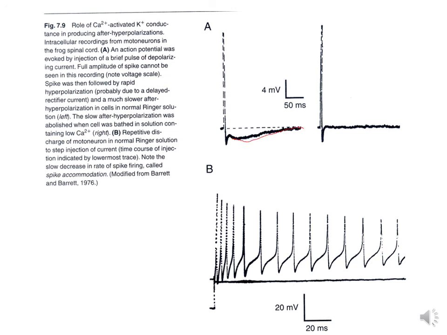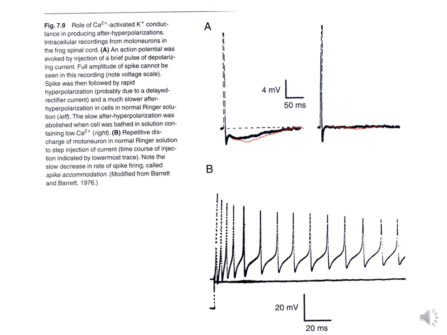Now, if the calcium on the intracellular side is chelated by using BAPTA or EGTA, then this afterhyperpolarization is gone, which is a nice demonstration that a calcium activated potassium current originates these afterhyperpolarizations.